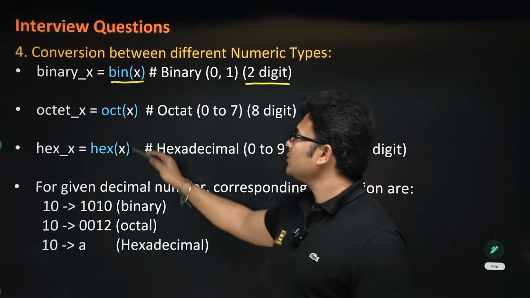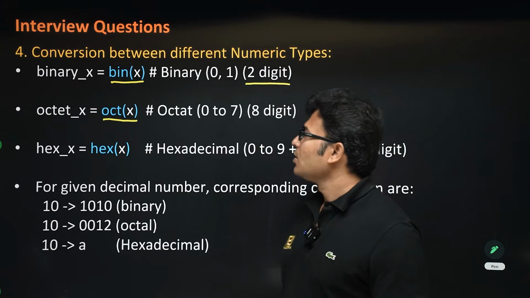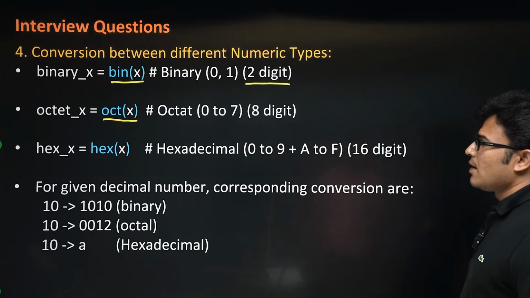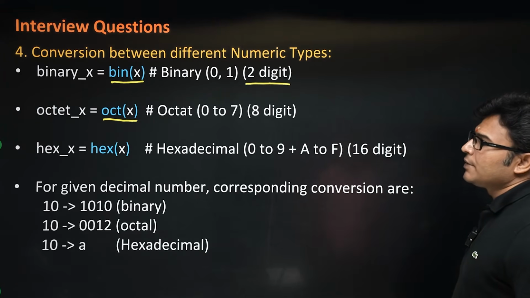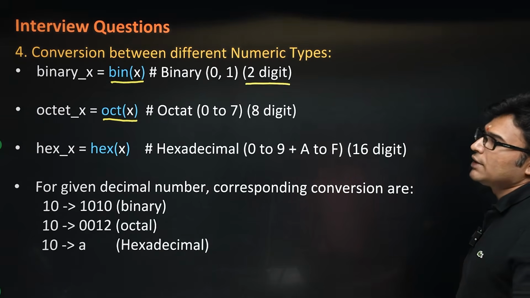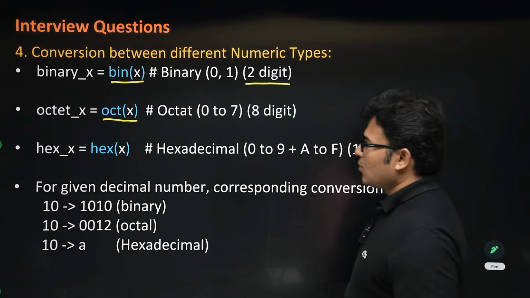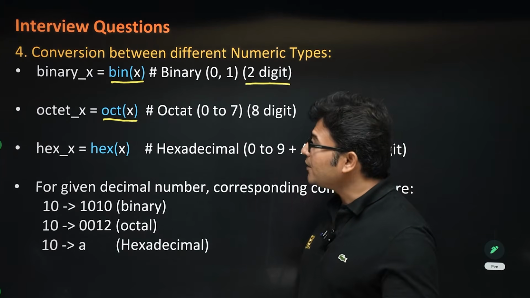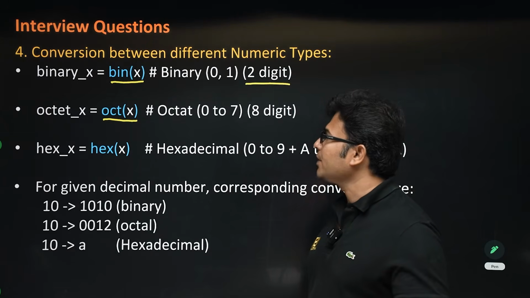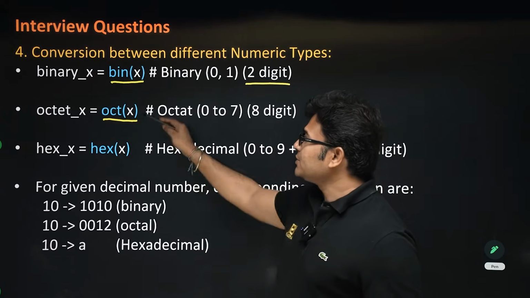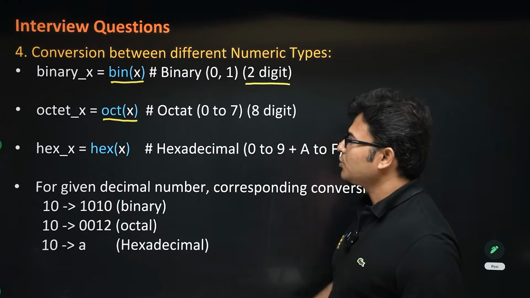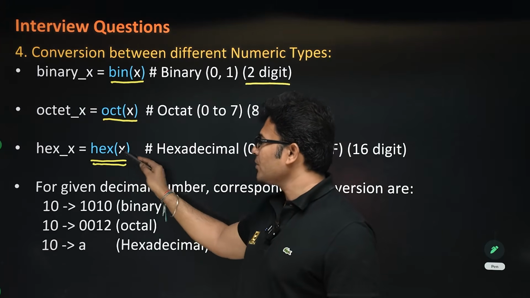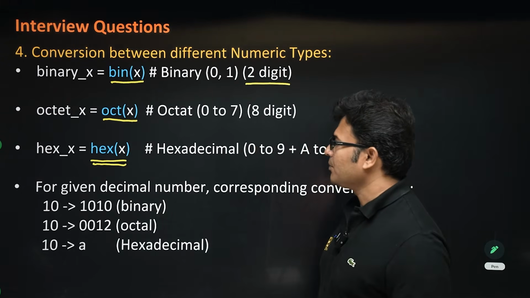When you write oct of x, that will convert a number, any number, not just a binary number, from base 10 to an octal number. Hex will convert a base 10 number to a hexadecimal number.